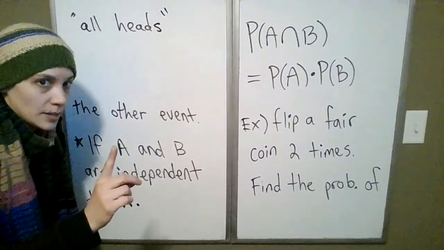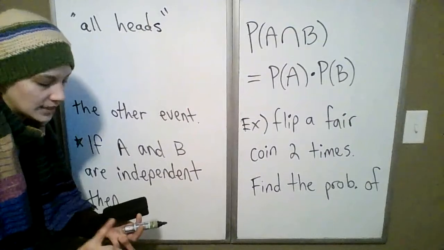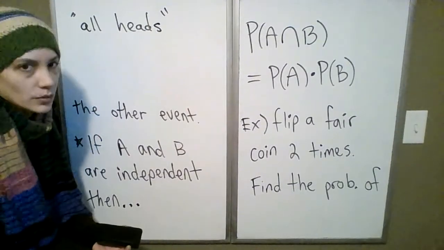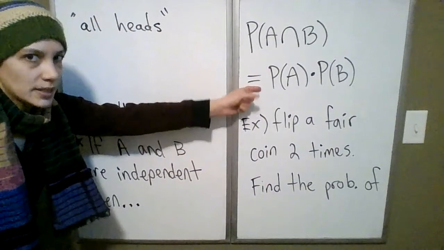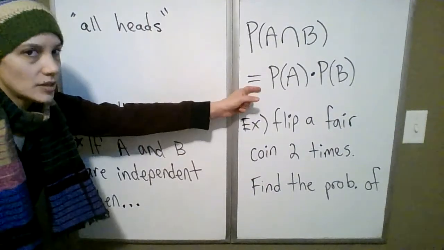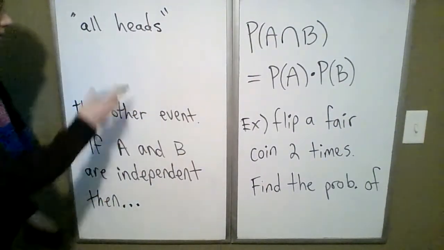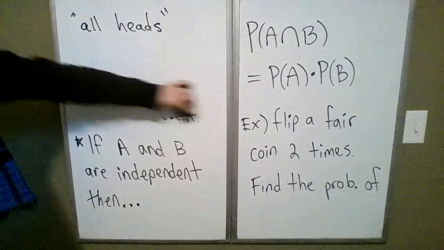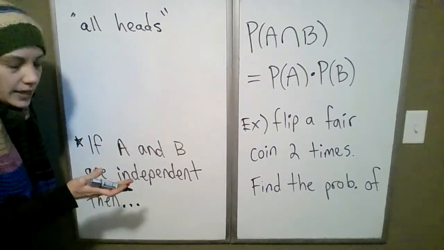Okay, so first we're going to talk about it the way we used to. We'd find a sample space, find the number of ways that event can occur, divide by the total. But after that, we're going to talk about using this rule instead. So back to before, when we looked at this kind of sample space, one way to look at it is with a tree diagram.